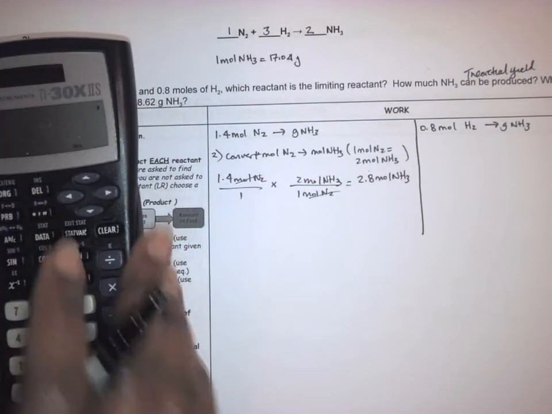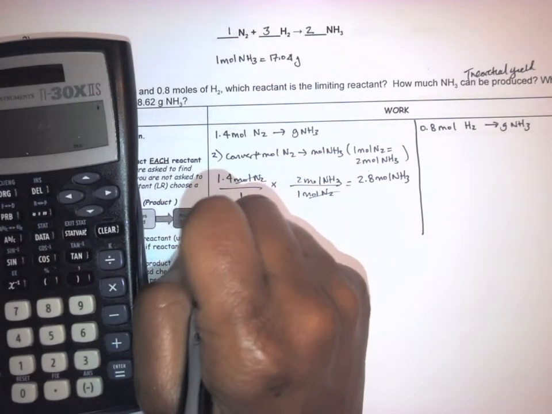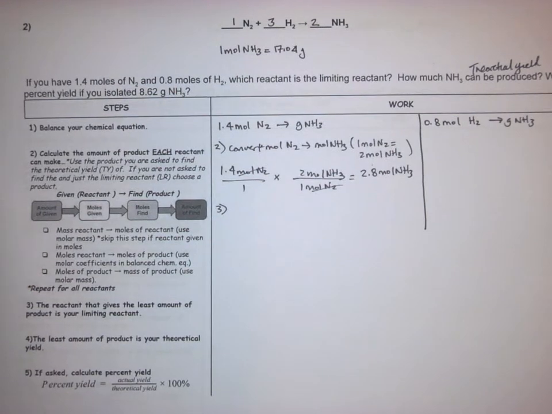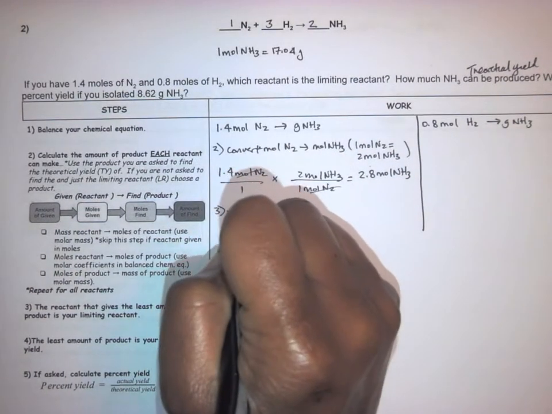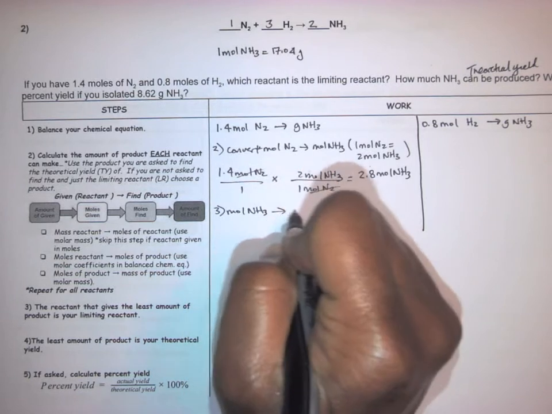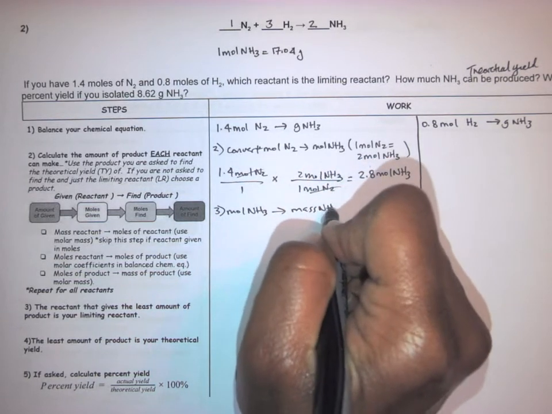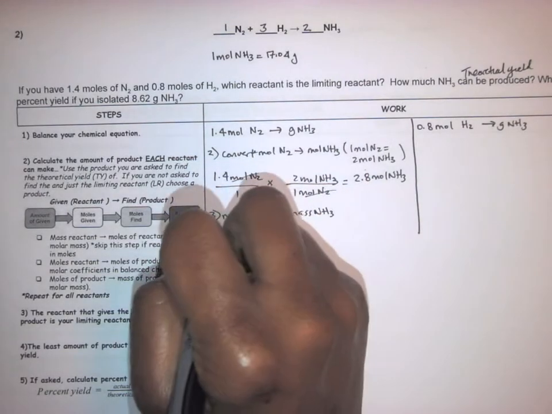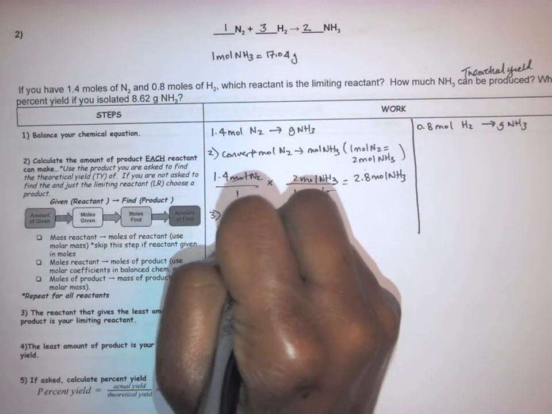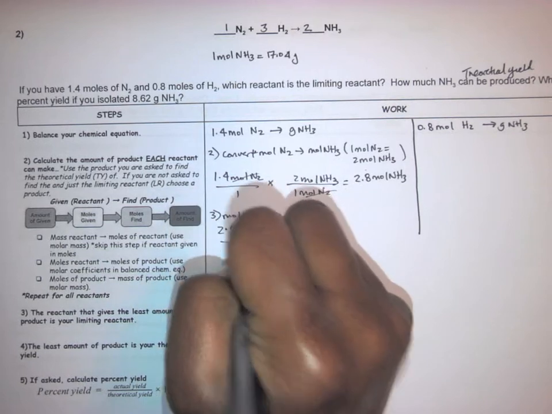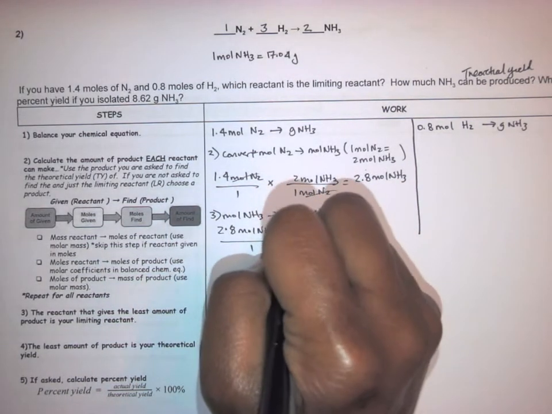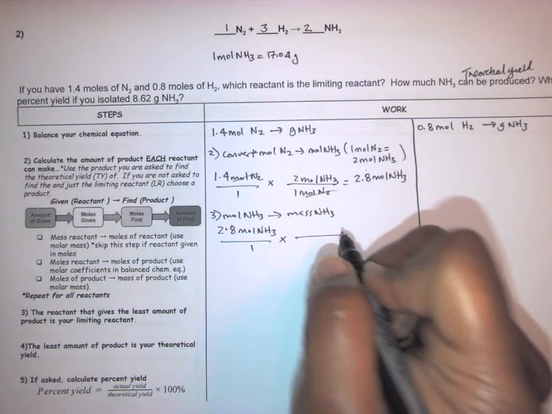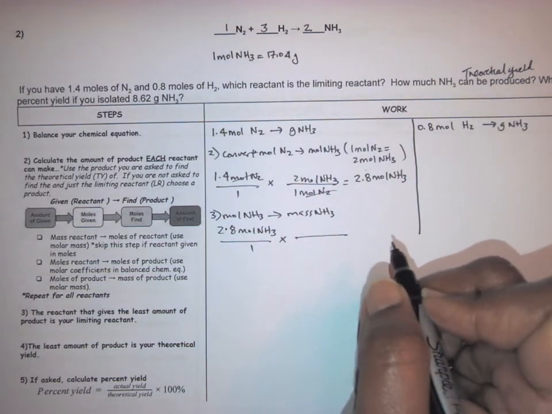Now that we have the 2.8 moles of NH3, we're going to do the third step in this process. Okay, so we're going to go from moles of our product, so from moles of NH3 to mass of NH3. And for that, we have to use the molar mass, which I've written up here. So let's take our 2.8 moles, put it over 1. And then we want to get mass and cancel out the moles of NH3.